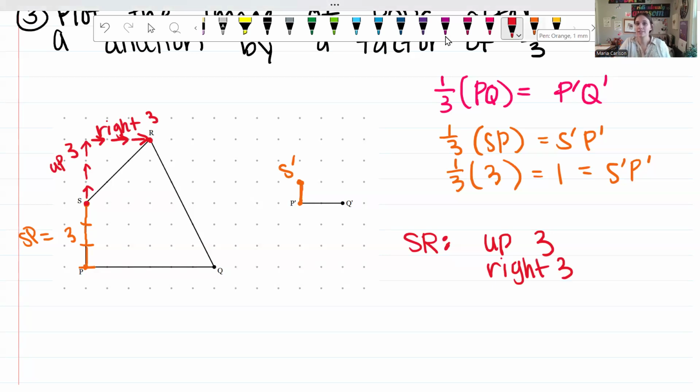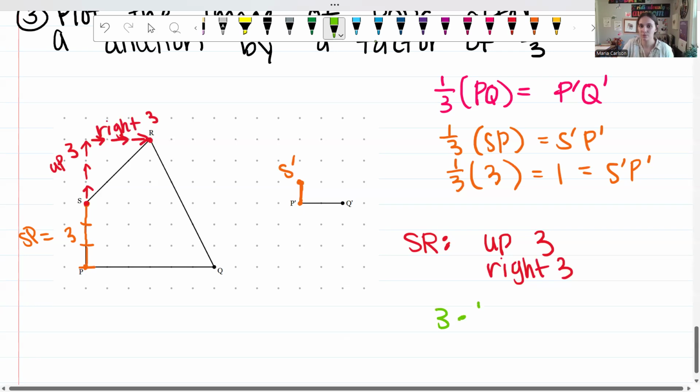So I can cut these distances by our scale factor. I can multiply 1/3 to the going up 3. So I hope we note that 3 times 1/3 is just 1 because the 3's just cancel each other out.